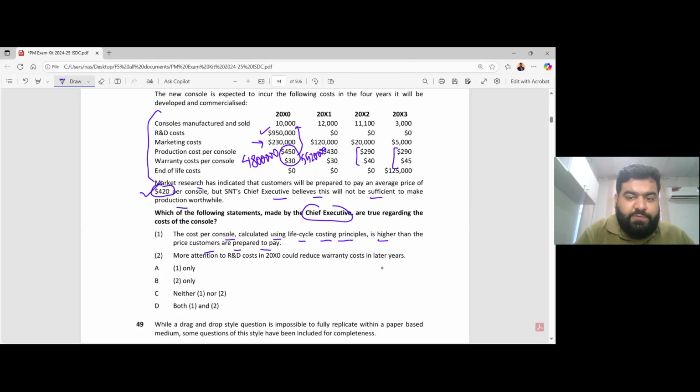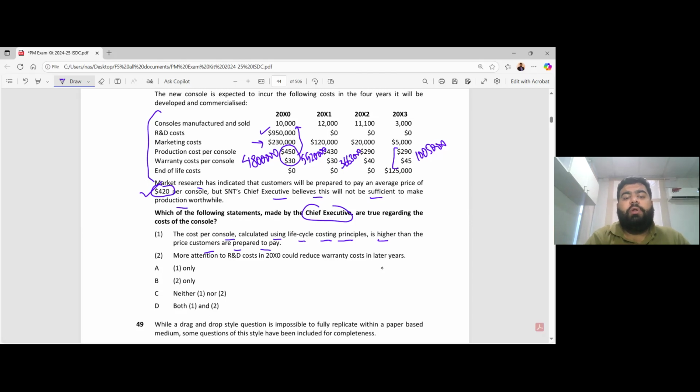Now 290 plus 40, 330 multiplied by 11,100, it's 3,663,000. And 290 plus 45 multiplied by 3,000 is 1,005,000. I have calculated the total cost by taking cost per unit, adding them, and multiplying with the units.